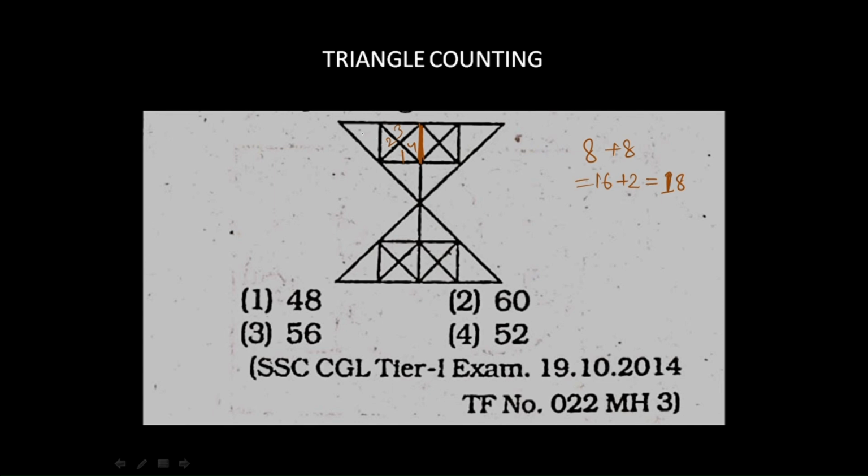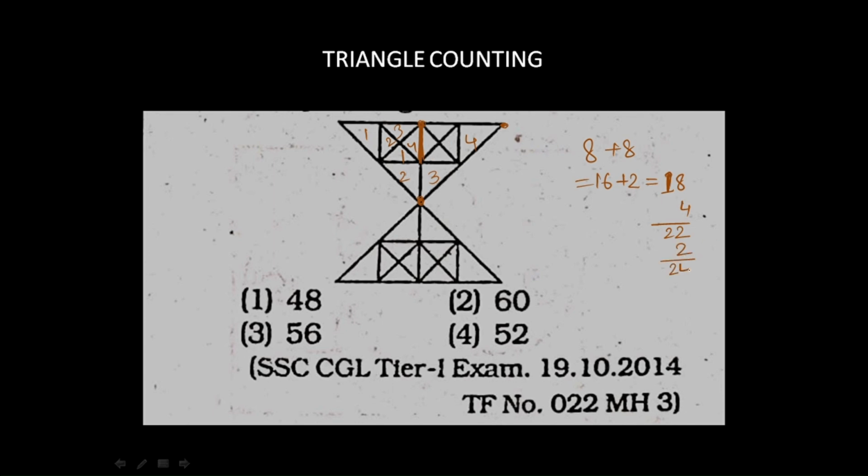Yes. Is there any other triangle? Yes. Where? 1, 2, 3, 4. 4 more. 22. Right? Look at this carefully. These 3 points are making another triangle, whereas on the opposite side there will be another one. So this is 2 again.